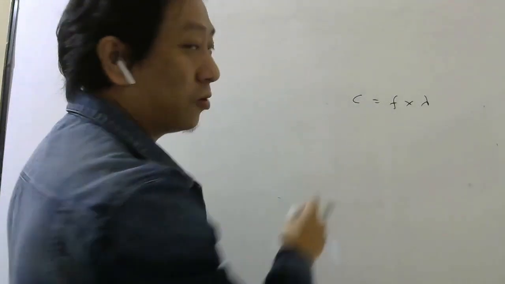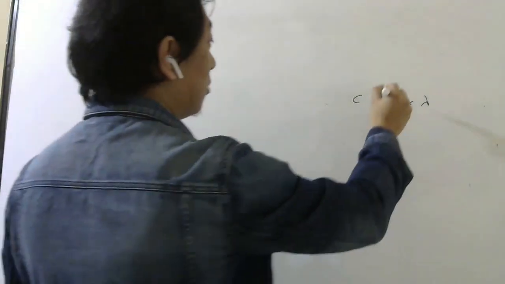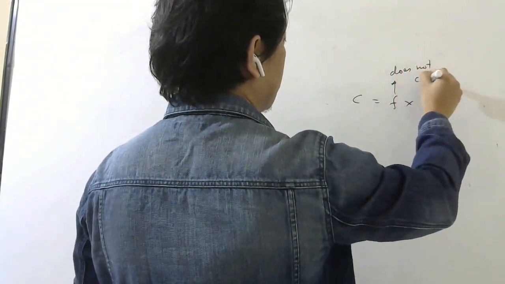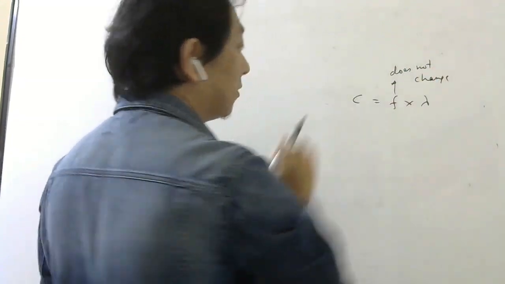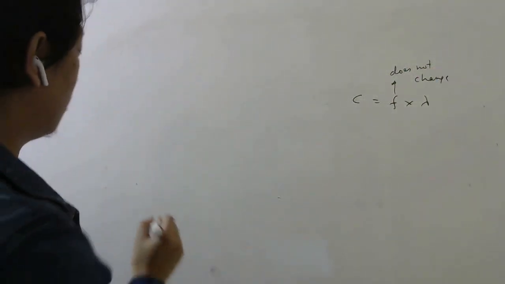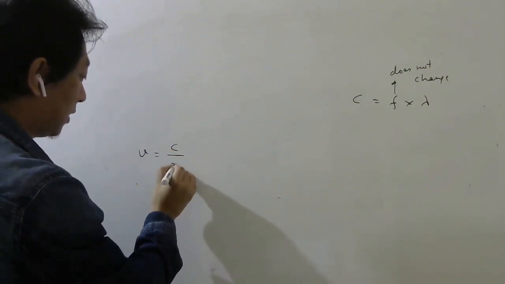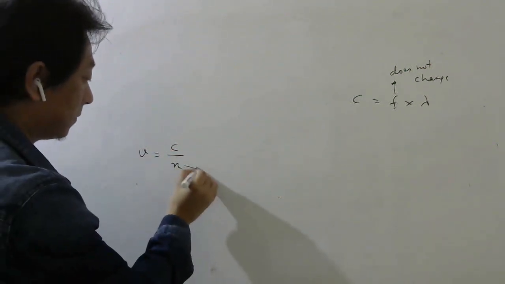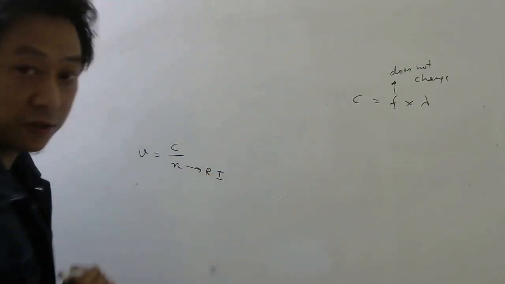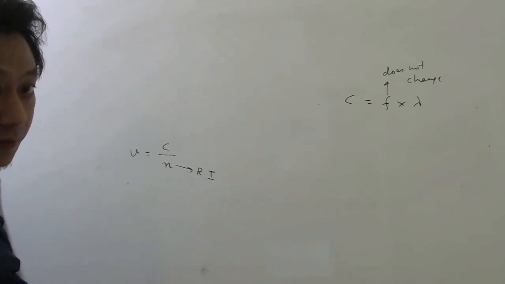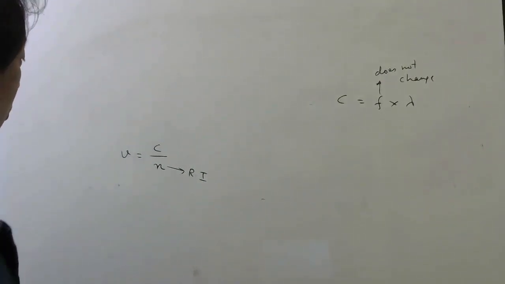So when light goes from medium to medium, frequency does not change, but the speed of light changes. In a medium, what is the speed of light? C by refractive index. Yes or no? Just cross multiply, you will get the formula for refractive index. Right? Okay.